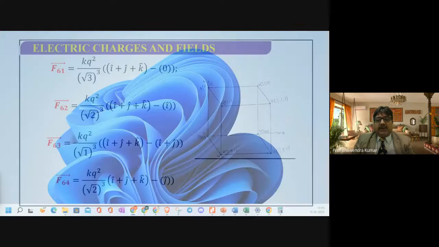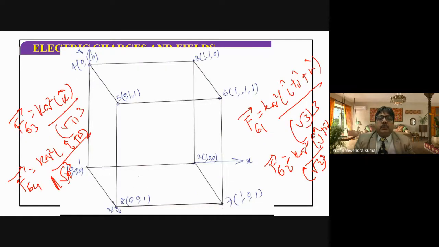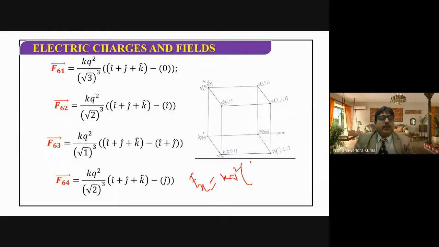So the force will have all the three components. Are the three components coming same or different? Same. Very good. What are the three components of force? What will be Fx? KQ square into? See this, root 3 cube comes only once, right?